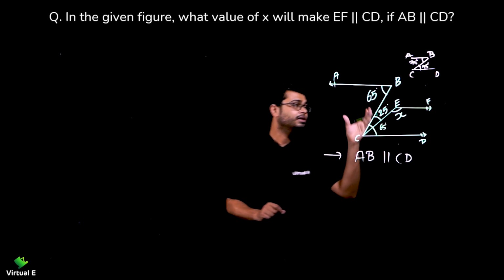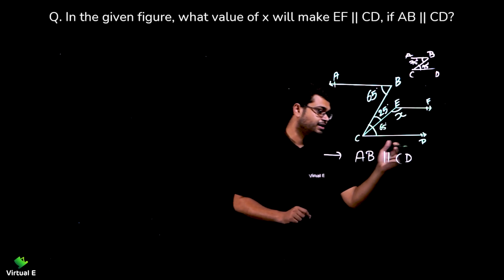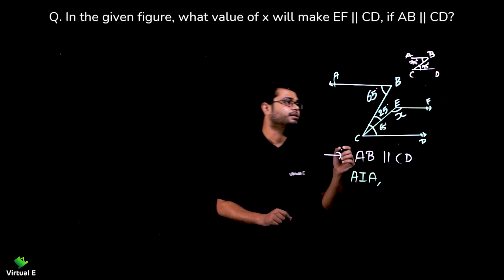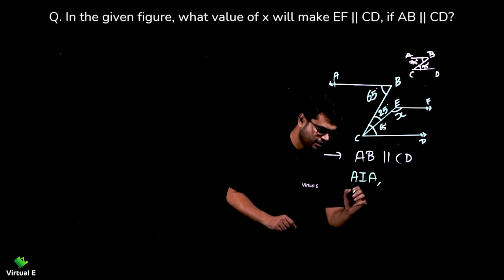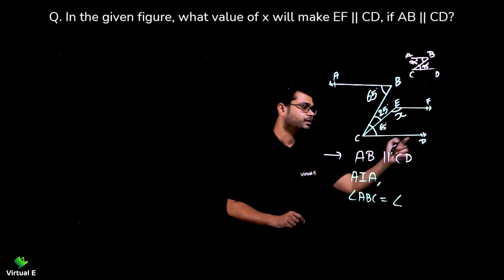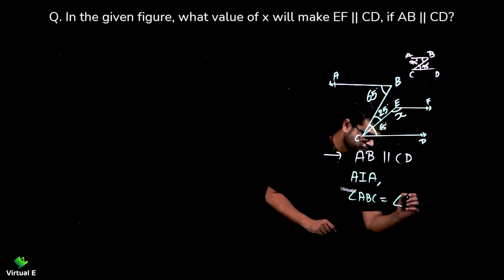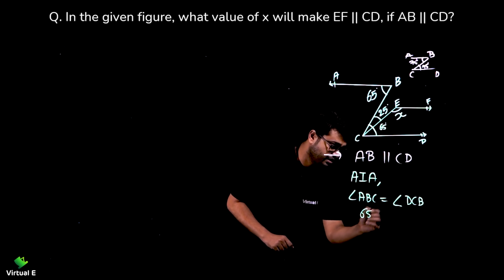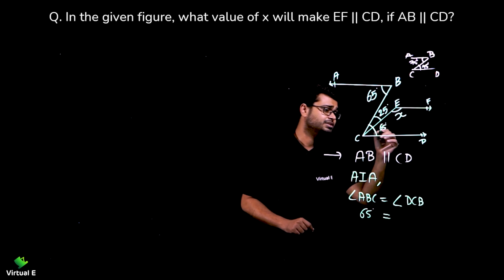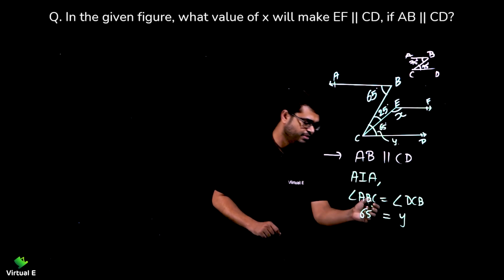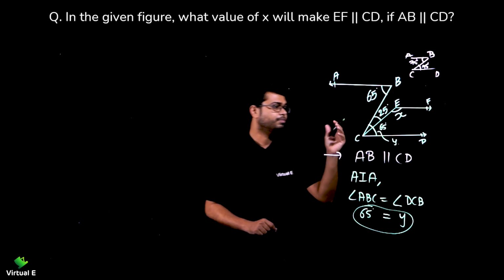Let's mention that AB parallel CD, and write AIA, alternate interior angles: angle ABC is equal to angle DCB. This angle is 65, and let's name this angle as y. So this angle will be 65, complete.